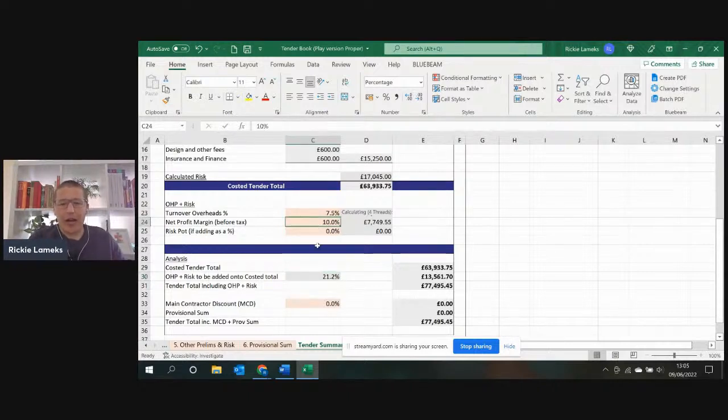So you might be willing to win this job and not make much profit from it because it's a good job and you want to get in with the client. So you might be looking at taking that down to be a little bit more competitive with your price. And on the flip side, if it's a small job and you're not too worried about it, you might want more money to make that job worth it. So you might be increasing that percentage.